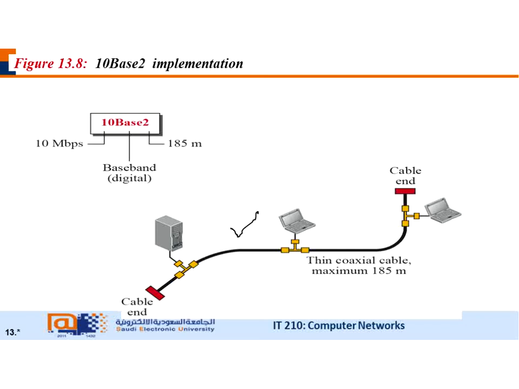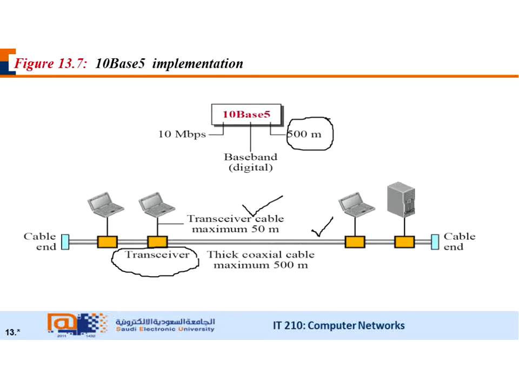Now this implementation is more cost effective than 10Base5 because the thin coaxial cable is less expensive than thick coaxial cable, and here we have T connections instead of taps. In this case, these are the taps.